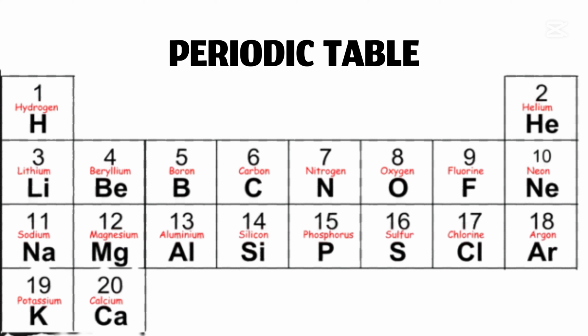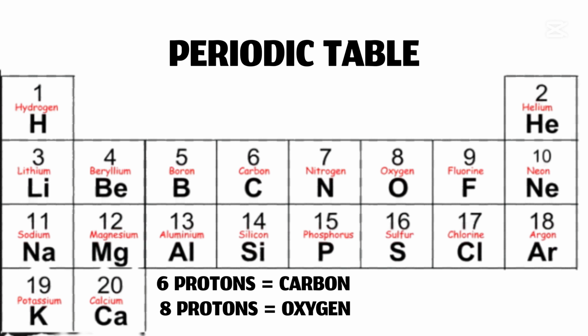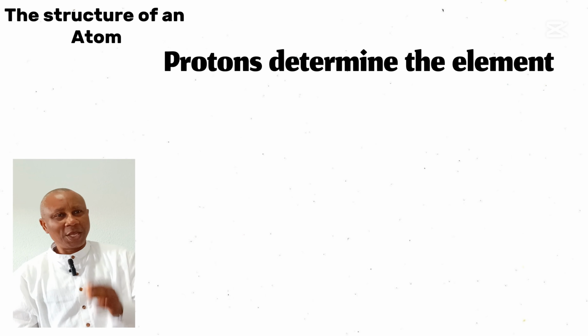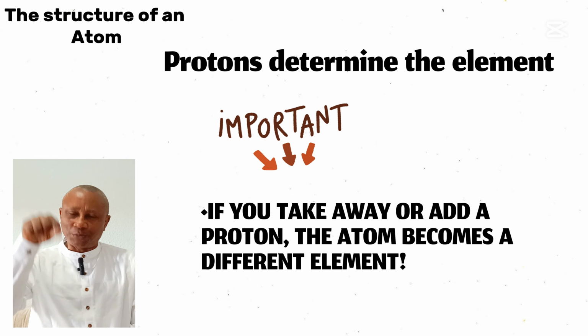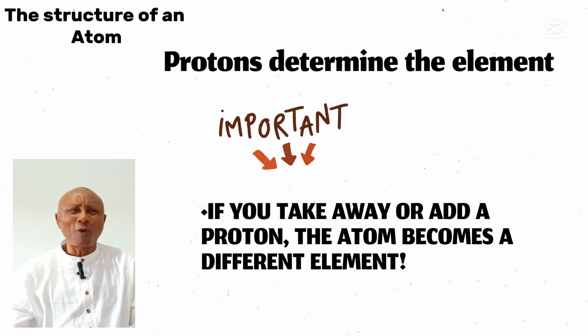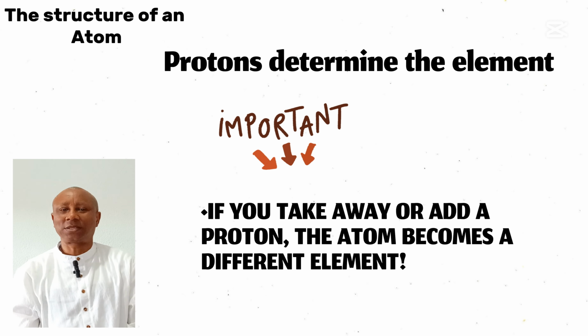Carbon always has 6 protons. If an atom has 6 protons, it must be carbon, no other element. Oxygen always has 8 protons. If an atom has 8 protons, it must be oxygen. If you take away or add a proton, the atom becomes a different element.